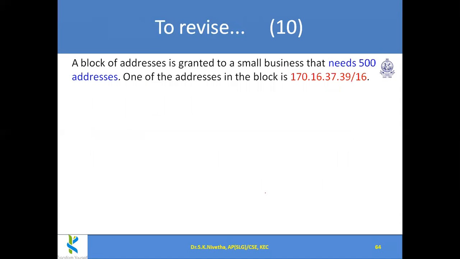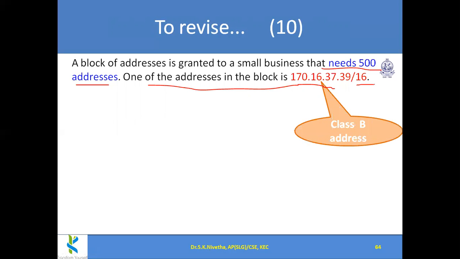Another question. A block of addresses is granted to a small business that needs 500 addresses. So class C is not enough, as it has only 256. One of the addresses in the block has /16, so you could guess this is a class B address.